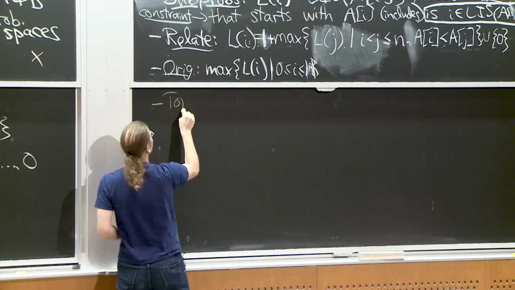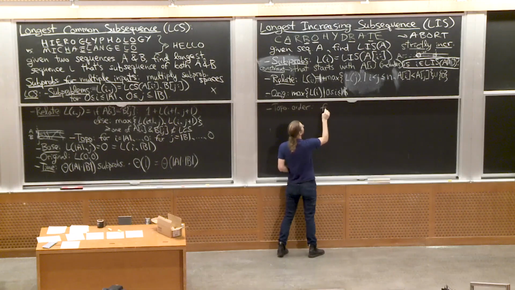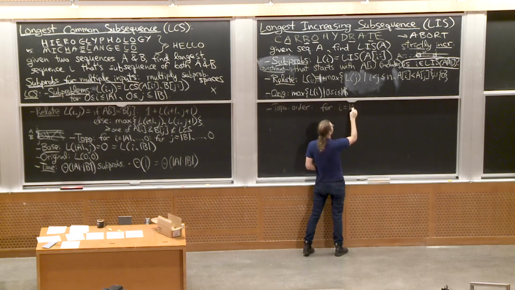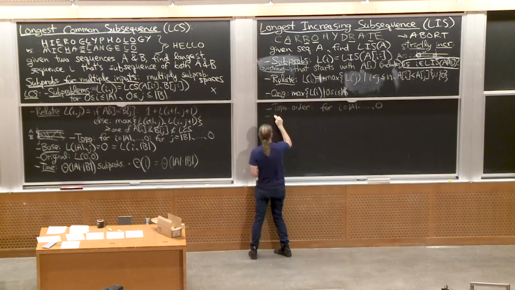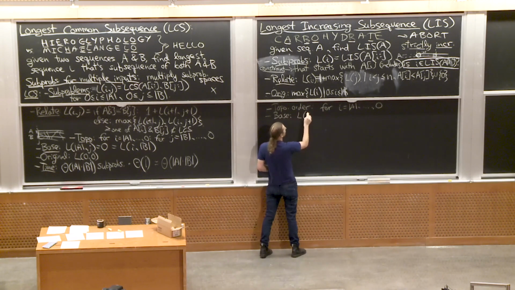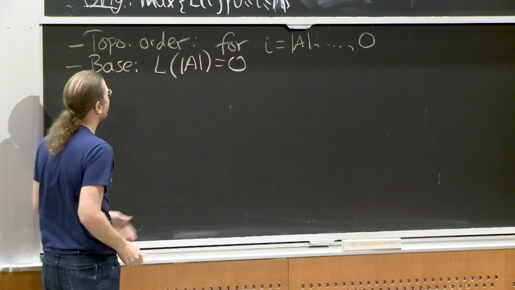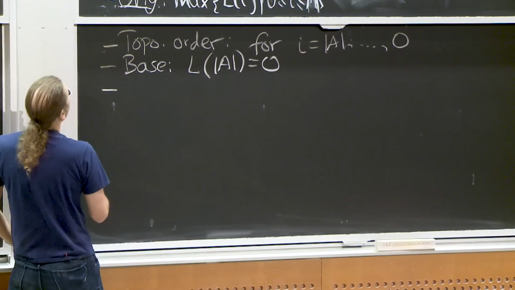Topological order is just the usual for loop because I'm doing suffixes. This is going to be i equals length of A down to 0. Base case is going to be L of length of A, which is 0, because there are no letters in that suffix. And we already did the recurrence, and then time.